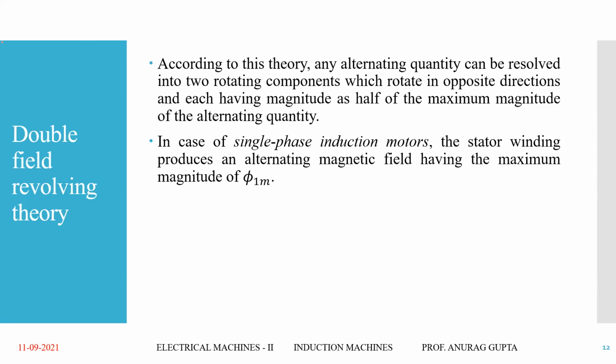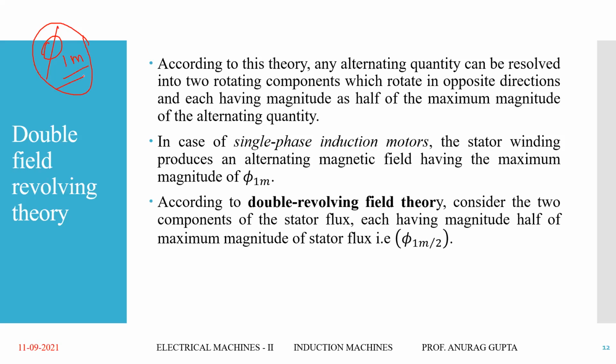I'm calling that main flux phi 1m. Phi 1 means stator, phi 2 means rotor. So phi 1m means the maximum value of that alternating flux in the stator.